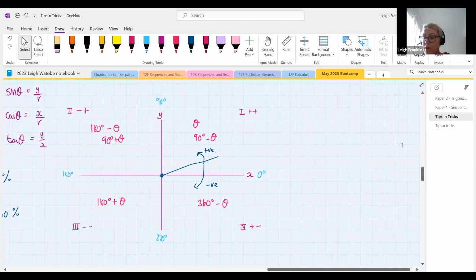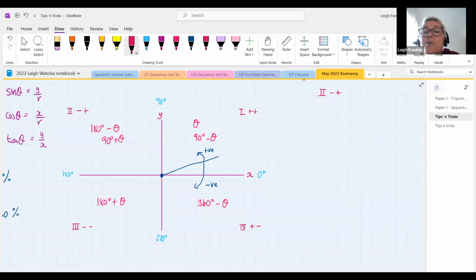Okay, when we are in quadrant number 2, x is negative and y is positive. So that's why the sine of 180 minus theta reduces to positive sine theta. The cos of 180 minus theta reduces to negative cos theta.